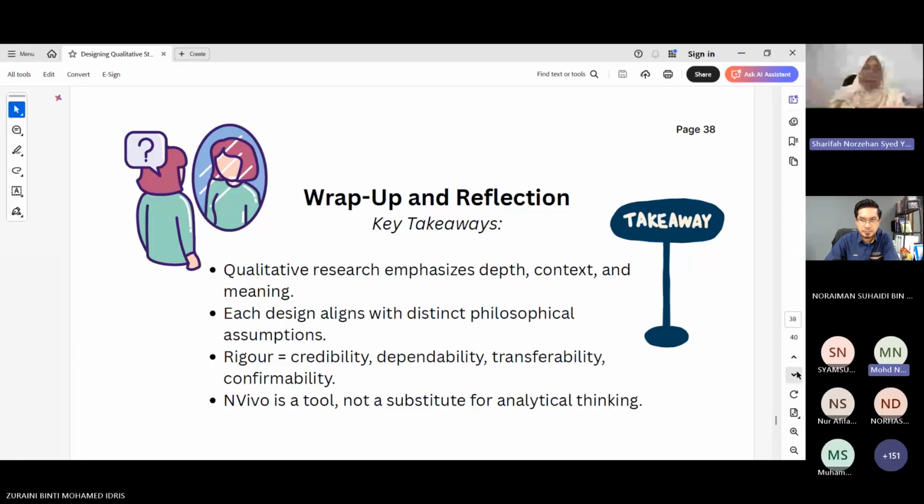Because a theme is like a group of codes, is it? A group, yes. Currently I'm working on an SLR, so sometimes when I code, I get confused whether this is a theme or a code. The themes come from my perception and my perspective, right, Prof?